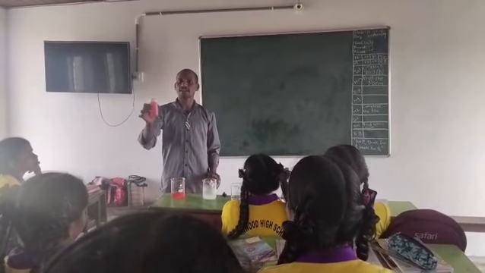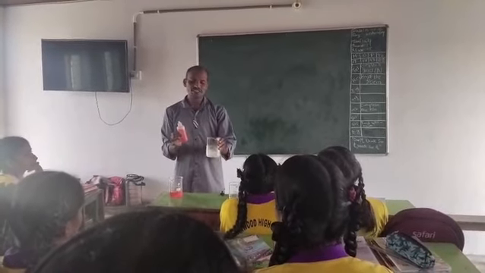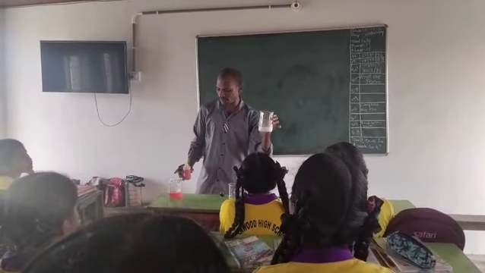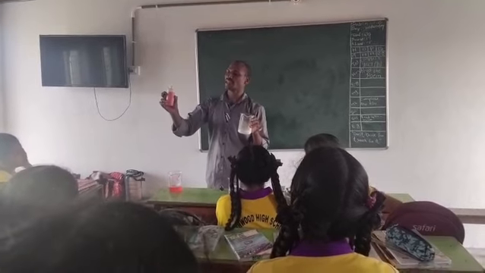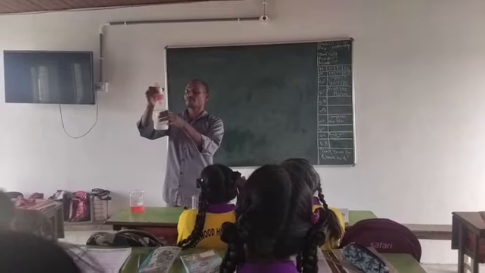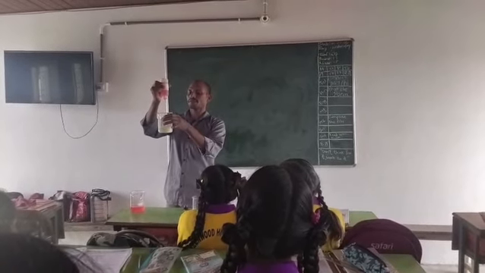Now, again, methyl orange is mixing with lime water. What is the nature of lime water? This is a base. When methyl orange is mixed, is it changing or not?